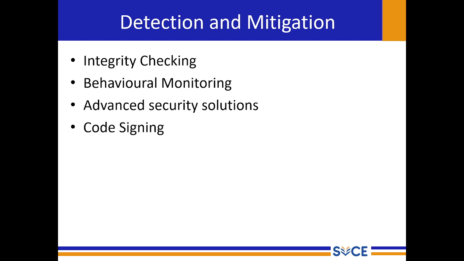Users or administrators should employ endpoint protection solutions or advanced security tools which can detect and prevent hooking techniques. Code signing: we have to ensure that all executables, exe files and library files, are signed to verify their integrity and prevent any unauthorized modification.